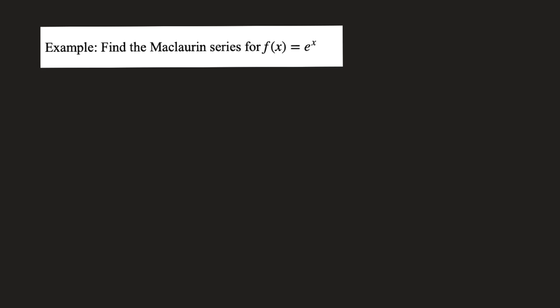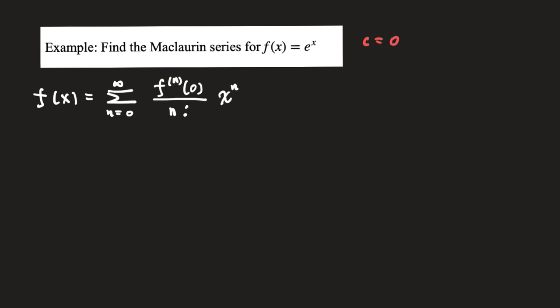Here is one example: find the Maclaurin series for a function. First, the center is 0, so c is 0. They give a function f of x, and f of x is the summation, Maclaurin series, n equals 0 to infinity of the nth derivative of f at 0 over n factorial times x^n.